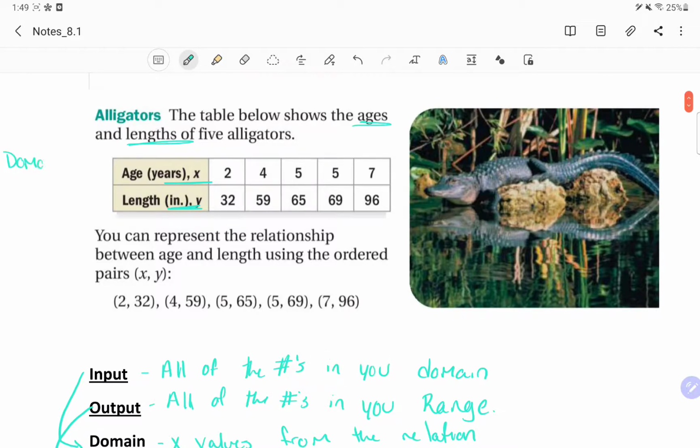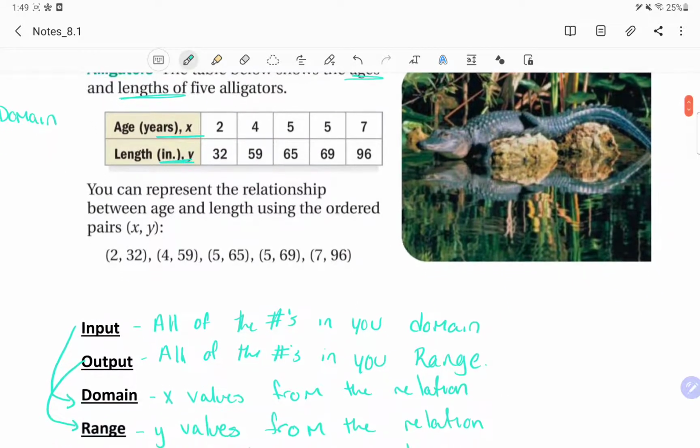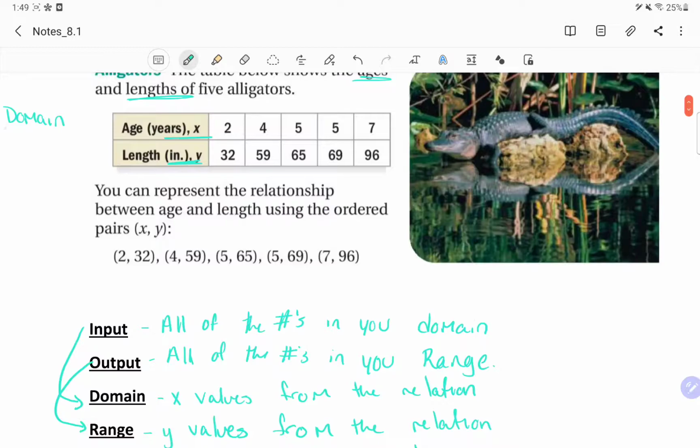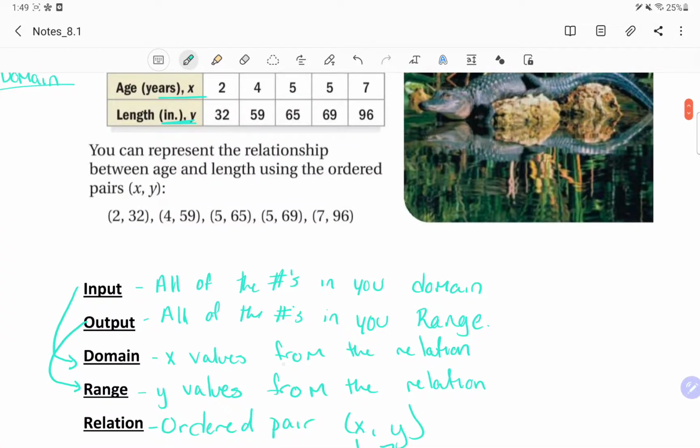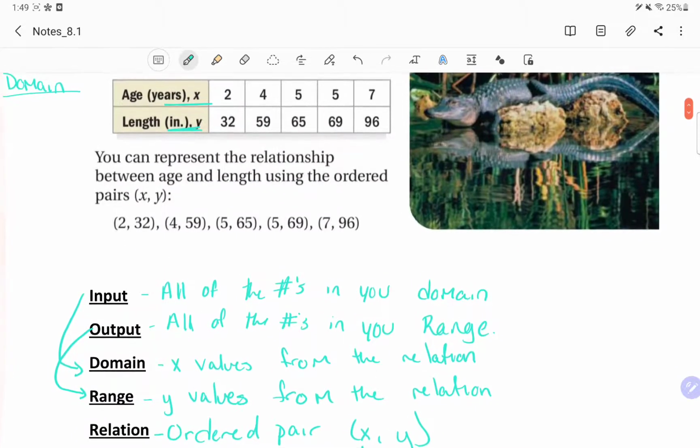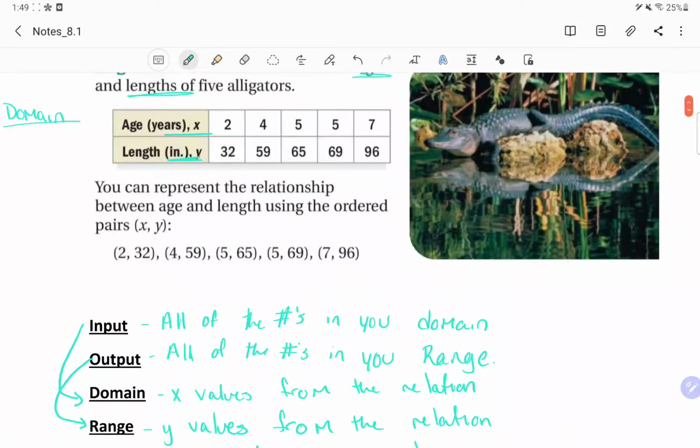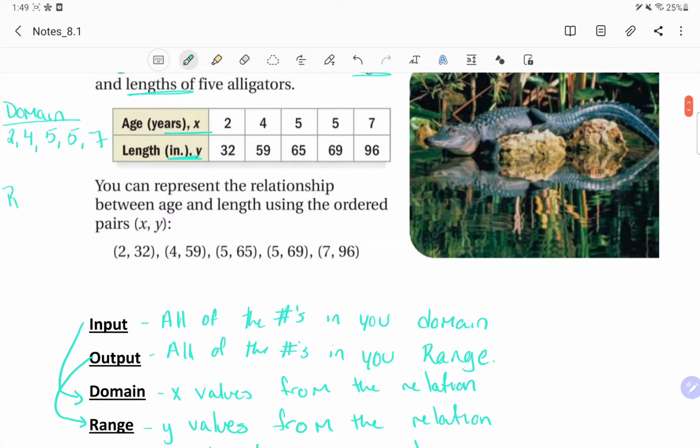You can use that to list your domain. Your domain, remember, is just your x values from the relation. So here's my relation. My x values are 2, 4, 5, 5 again, and then 7. And then our range.